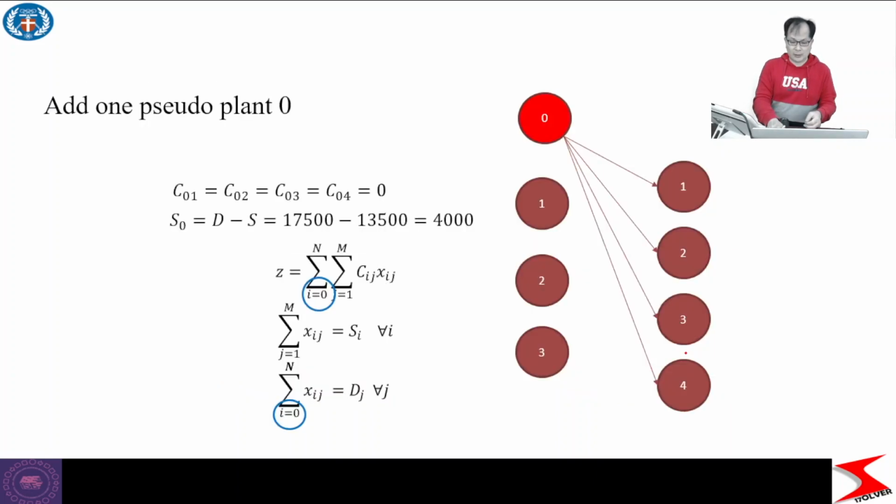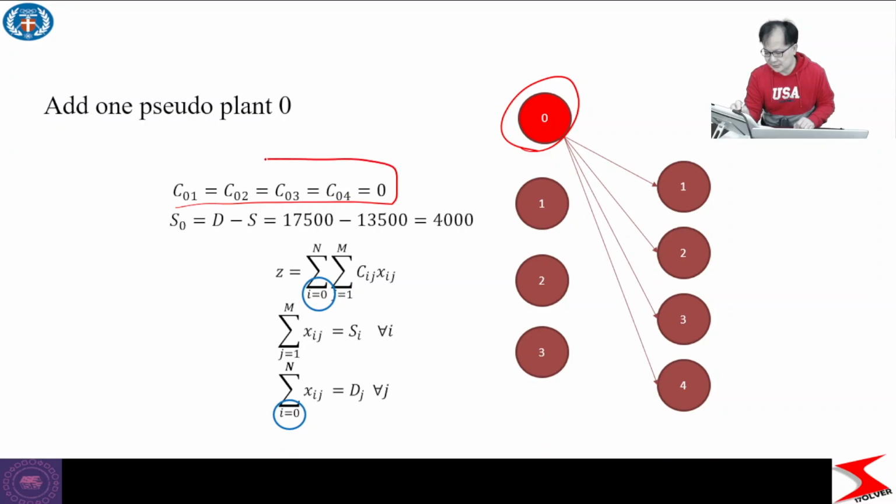So we added one pseudo supplier node to represent the quantity we cannot fulfill. Remember, all of the arcs in case 2 and case 3 should be set to 0, because we cannot influence the objective value.